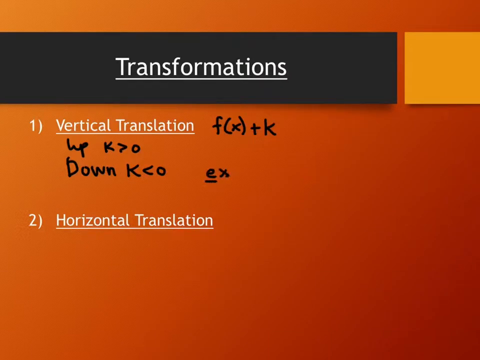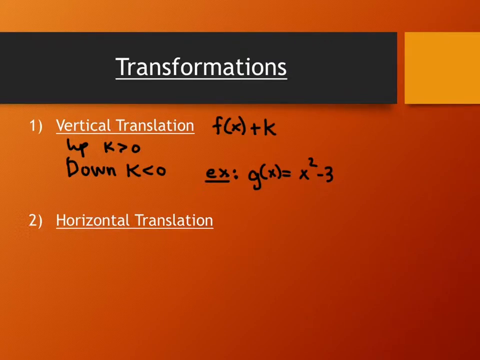So if I had an example g of x equals x squared minus 3, how would this translate the function x squared? It would move it down 3. Everybody good with that? Plus or minus the number at the end moves it up or down.